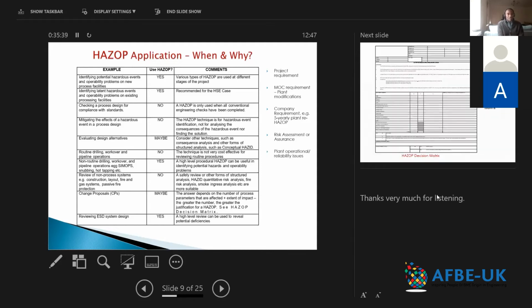So you've got operability issues with your plants. A separator or a vessel or whatever is having issues. You've tried to fix the issues and it's still popping up with error messages, giving funny readings on your level transmitters or any such things, and you can't really get to the bottom of it. You could decide, all right, let's HAZOP this system and see if we can nail this issue.